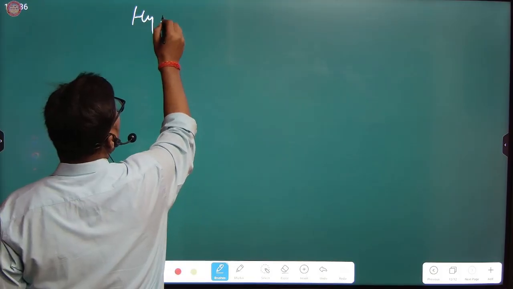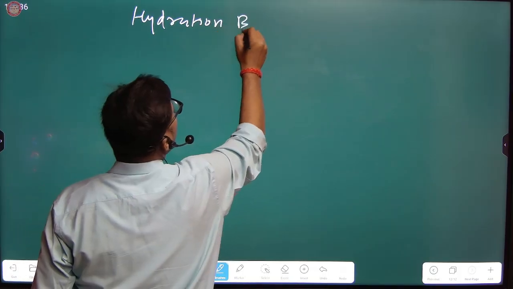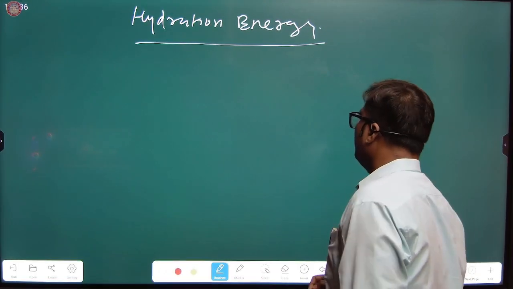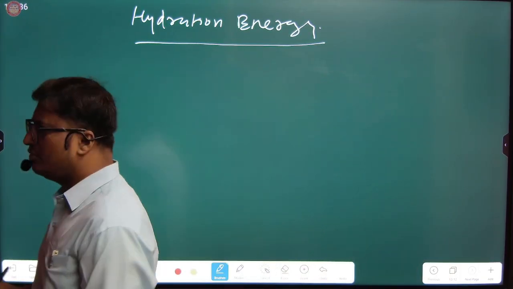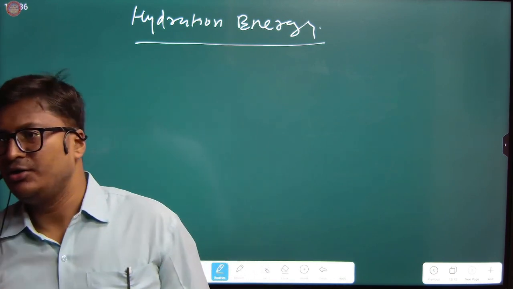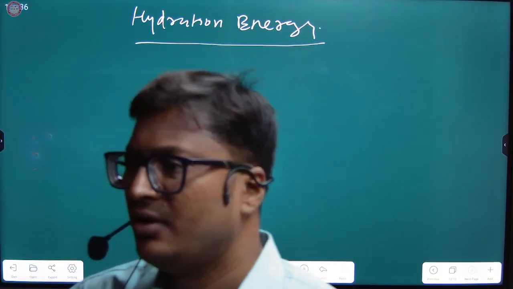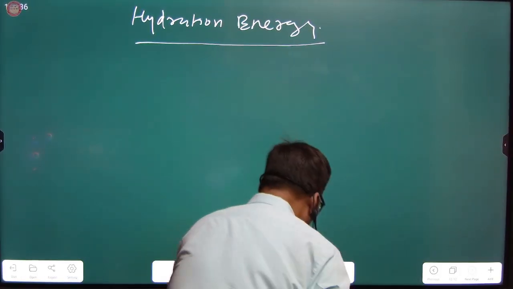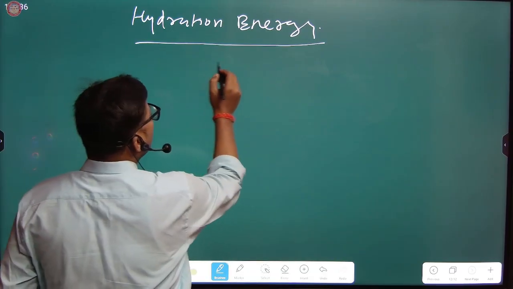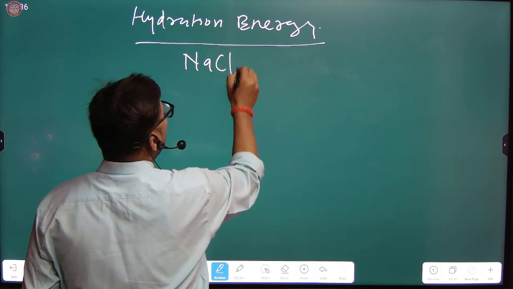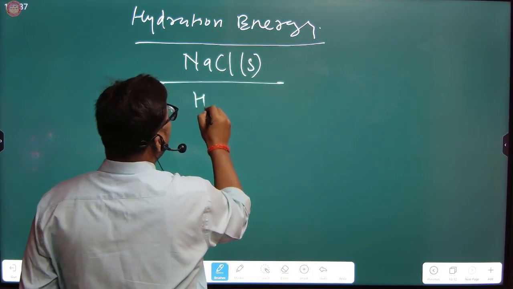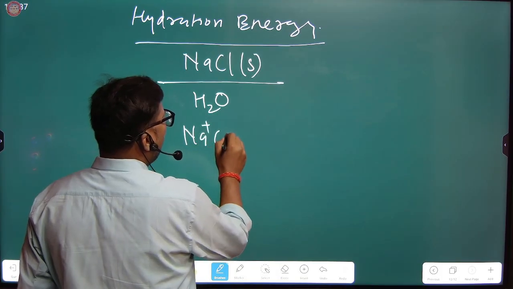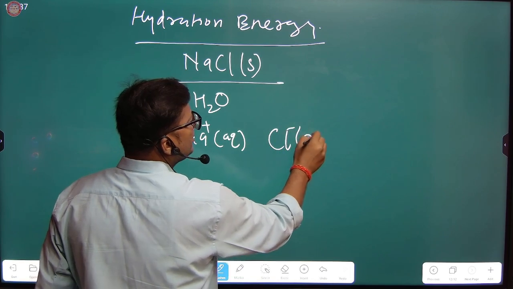So hydration energy, right? Hydration energy is nothing but the energy released or evolved when a particular ionic solid is dissolved in water. In the case of solid NaCl, if it is dissolved in H2O, it gives two types of ions, Na+ aqueous and Cl- aqueous.